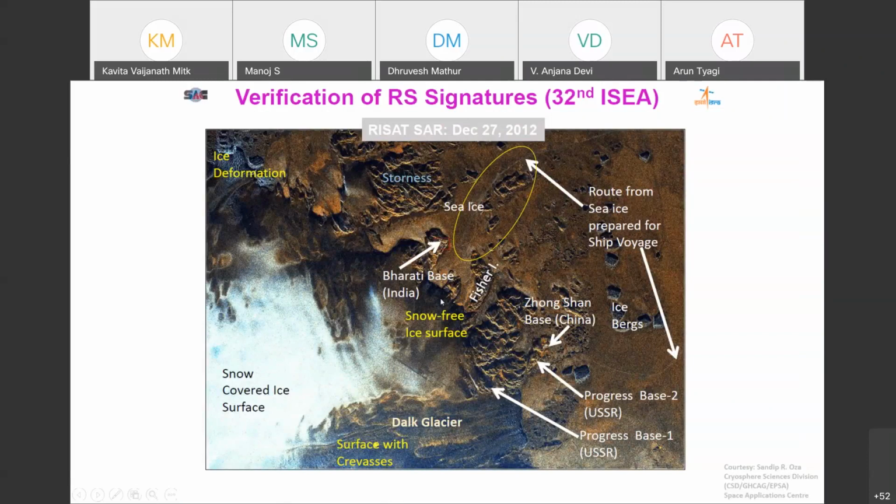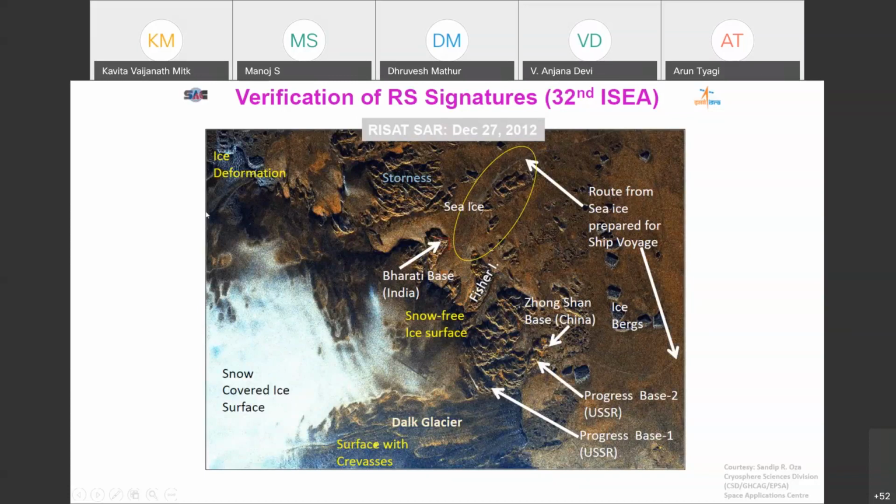This is the Bharati Indian Research Station, and we have to reach it from near this portion, and for this purpose we formed the sea ice route. For that, we study the various signatures of sea ice.